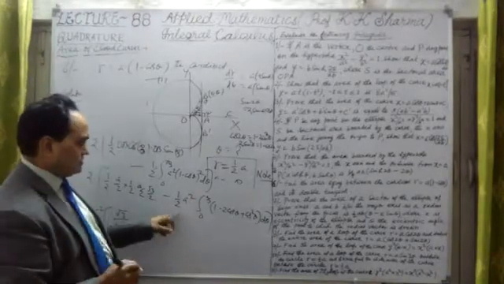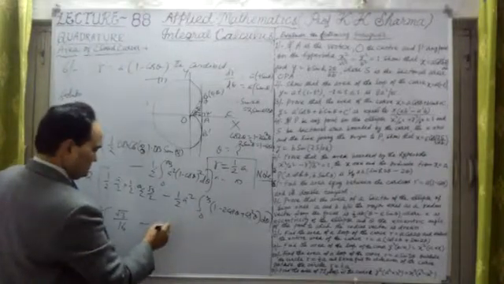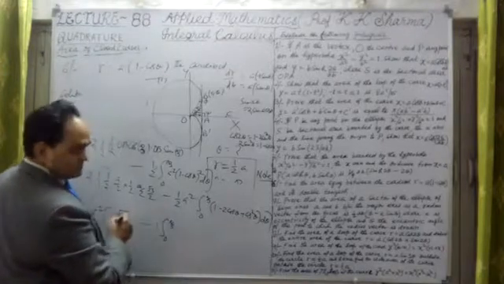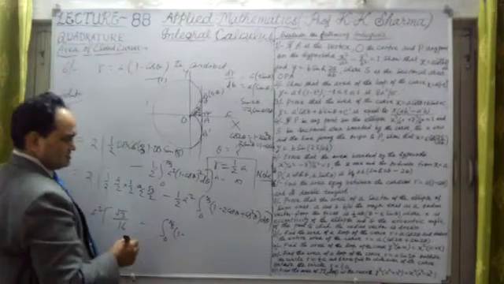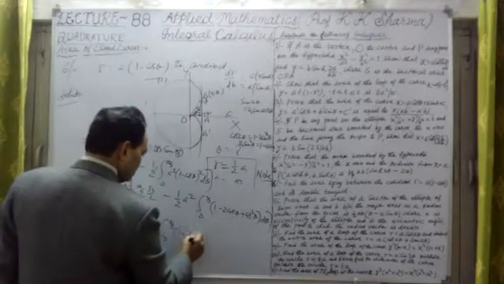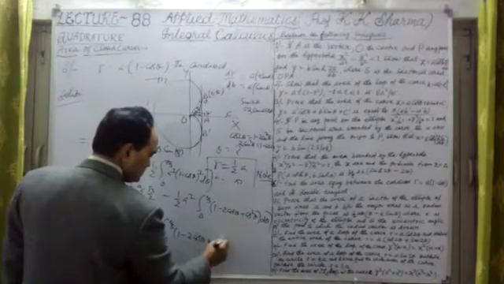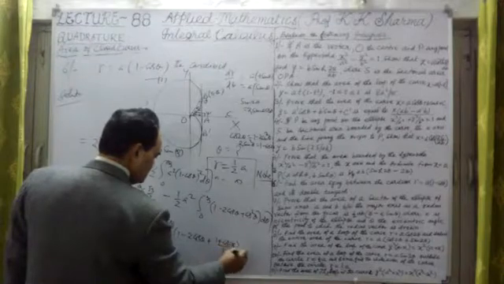This 2 2 cancels out. This is only this value. So still let me solve it. 0 to pi by 3. 1 minus, if I put the value of cos square theta, that will be 1 plus cos 2 theta upon 2 into d theta.